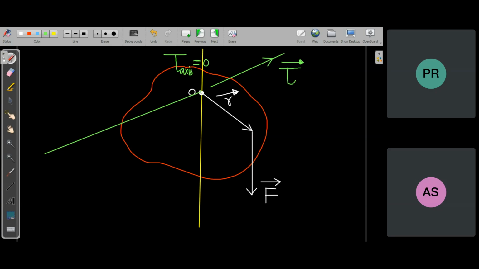So all the angular variables are defined in terms of the direction perpendicular to the plane of the motion. So the torque vector's direction is also perpendicular to the plane of rotation.